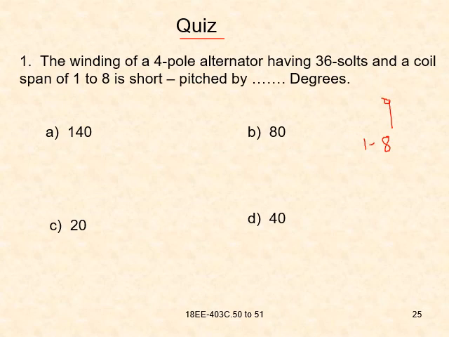So that will be 180 by 9, I think it's 20. No. Coil span of 1 to 8 is short pitched by 180 by 9, 9 2s are 18, I think it's 20.